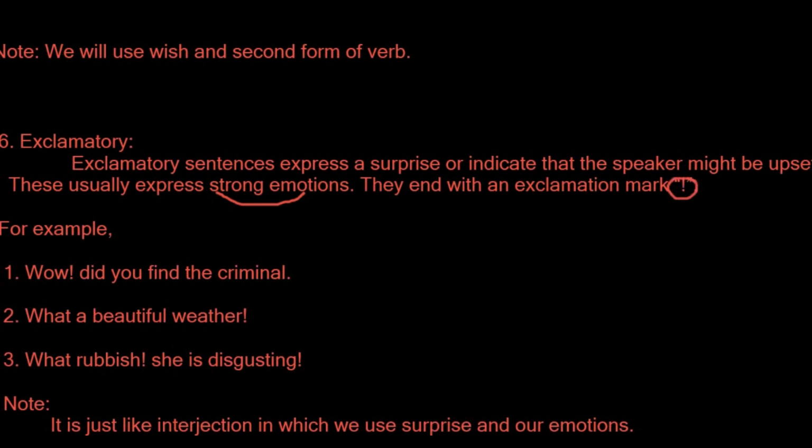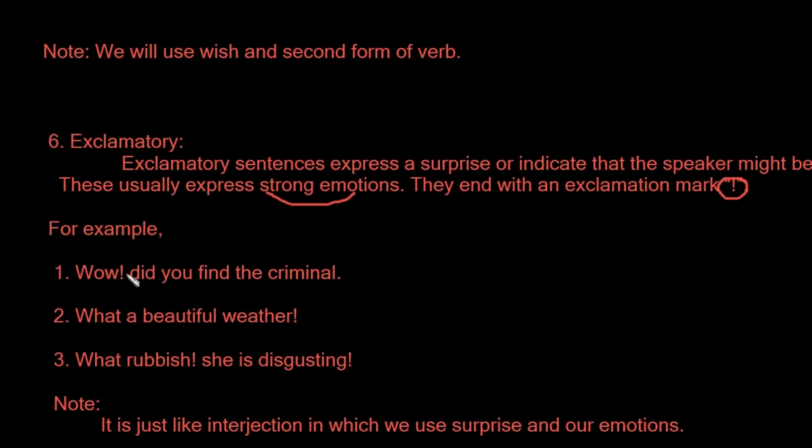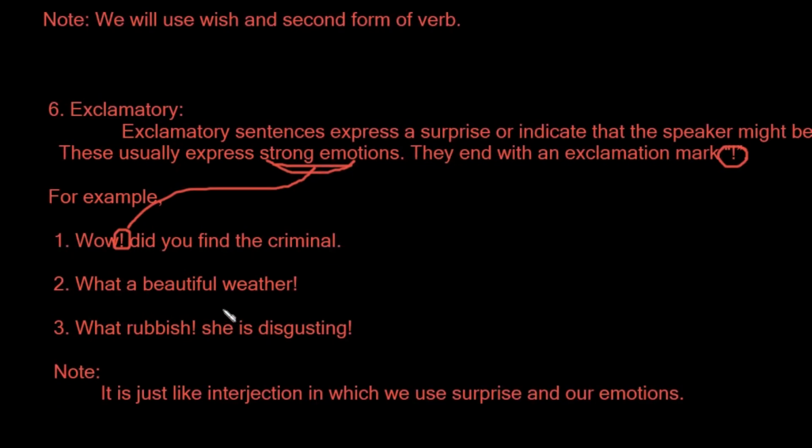For example, wow, did you find the criminal? One policeman is asking the other, wow, did you find the criminal? Wow is followed by an exclamation mark because we are showing strong emotion. He will be surprised, the policeman will be surprised.